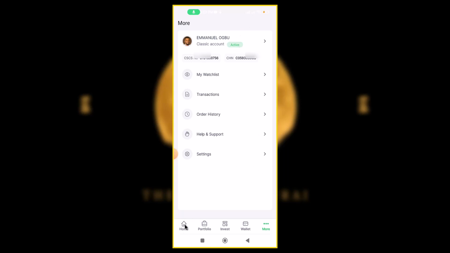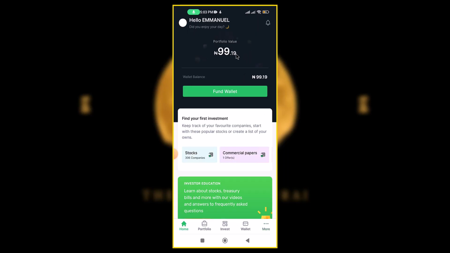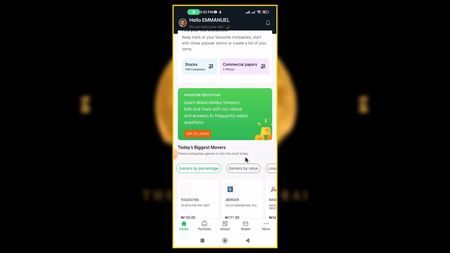The app is pretty straightforward, and this is where you see your portfolio value. The portfolio value for me is basically the amount I have inside, because I've not gotten any shares yet. But if you come here, you can see stocks and commercial papers. I already talked about commercial papers in one of my other videos.